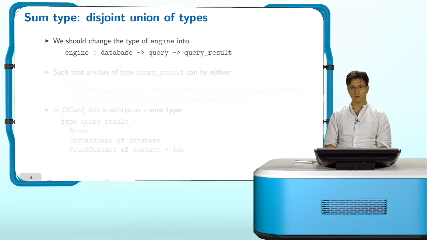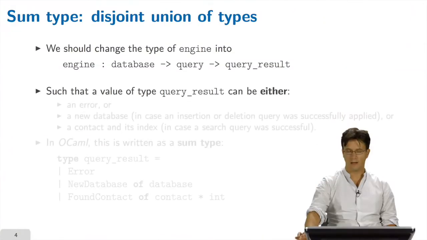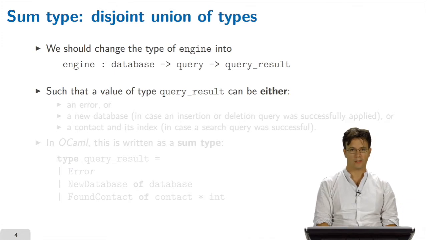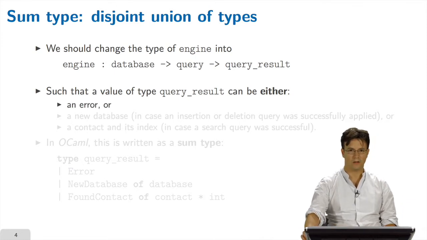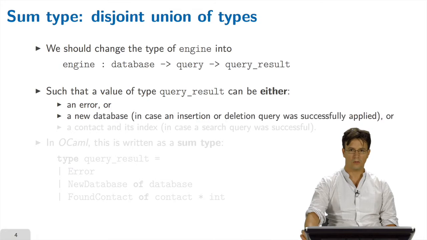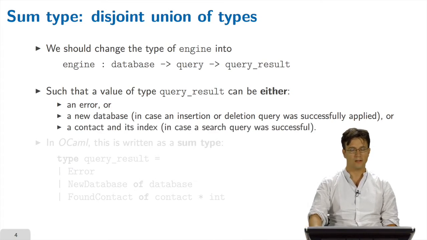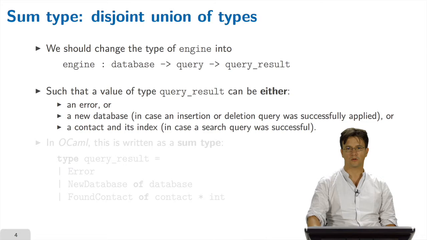What we want to do is to change the type of the engine into something like that. So we have replaced the return type of the function with a new type named query result. And what we want is for a value of query result to be either an error, or a new database in case of an insertion or deletion query, or a contact and its index in case of a search query that was successful.